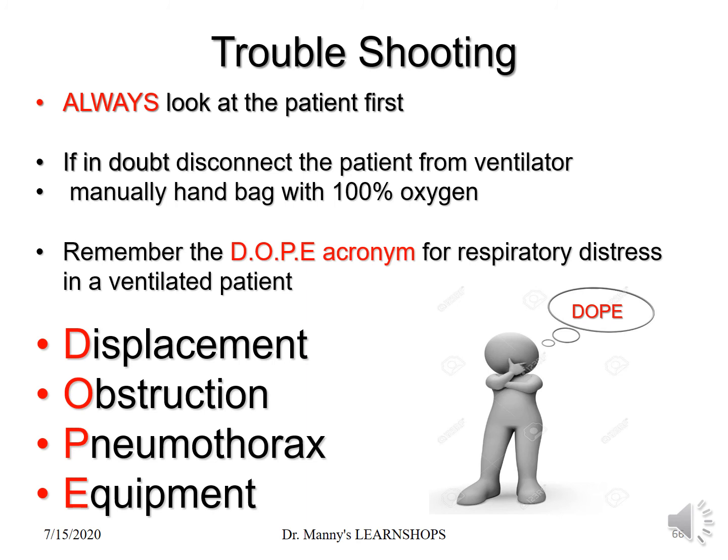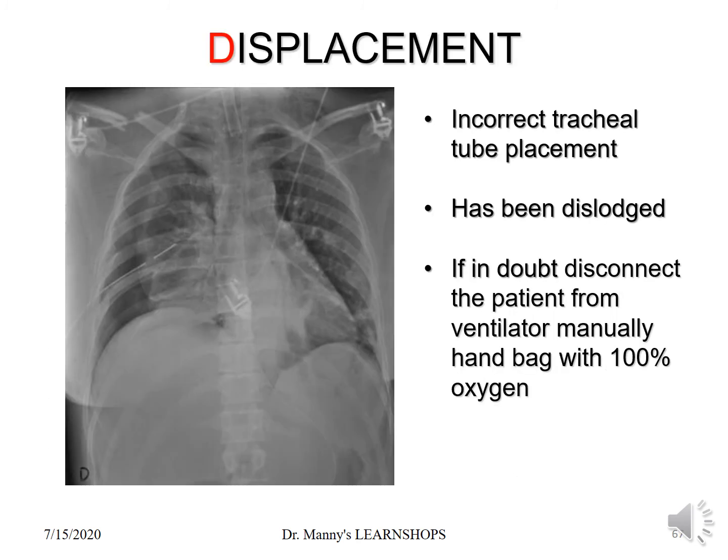Always consider that. When it comes to displacement, that basically means maybe the tracheal tube has been moved or dislodged because you were turning the patient. If you're not sure, if you're in doubt, disconnect the patient from the ventilator manually and handbag with 100% oxygen.